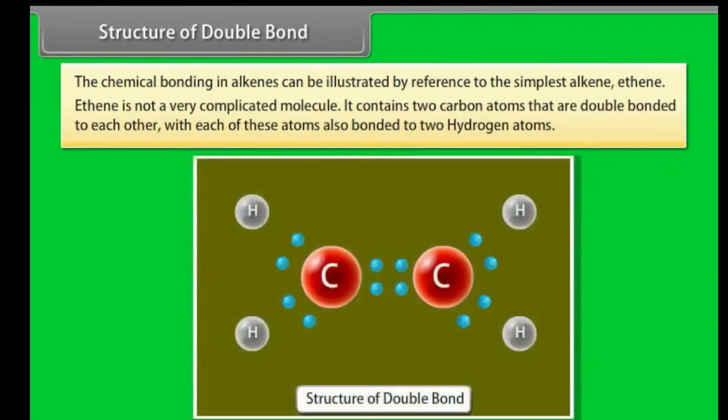Structure of double bond. The chemical bonding in alkenes can be illustrated by reference to the simplest alkene, ethene. Ethene is not a very complicated molecule. It contains two carbon atoms that are double bonded to each other, with each of these atoms also bonded to two hydrogen atoms.